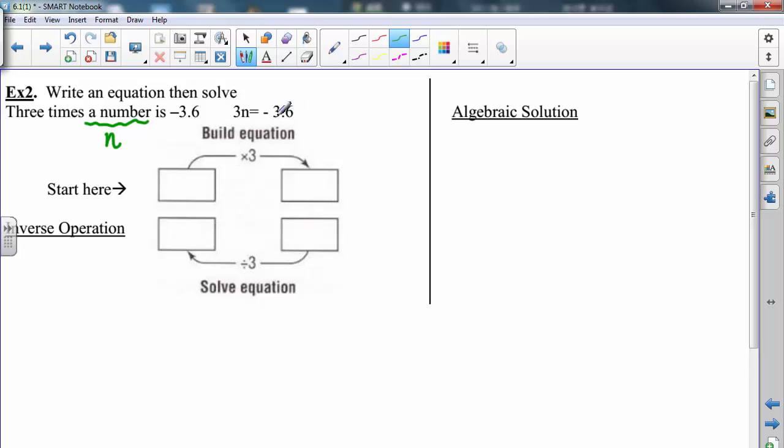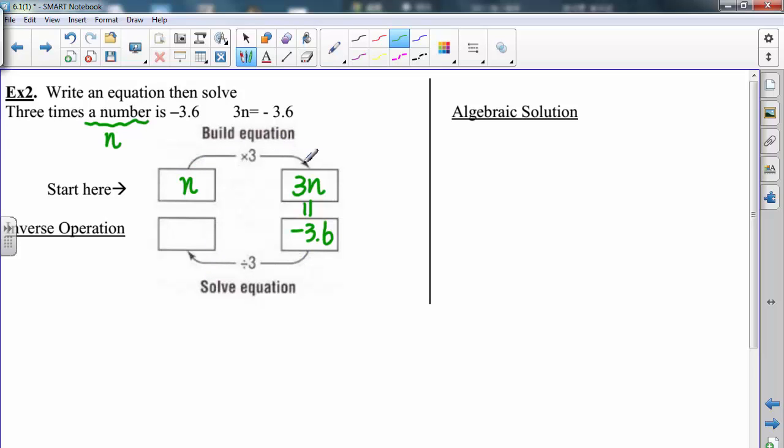Let's look at the inverse operations first. Starting from the left side, the variable n is multiplied by 3. Then I get 3n on the left side, and this 3n is equal to negative 3.6. But when I want to solve for n, I need to take the inverse operation.